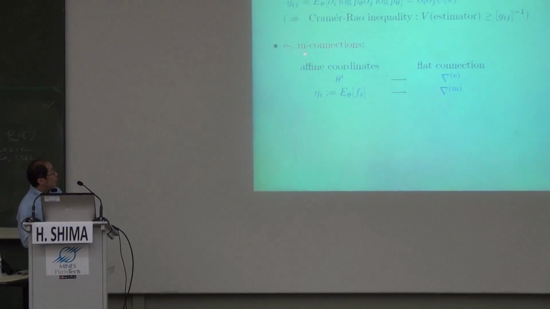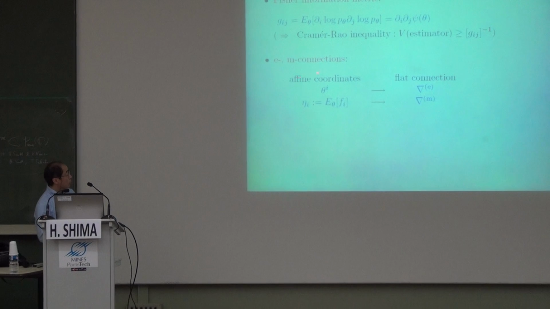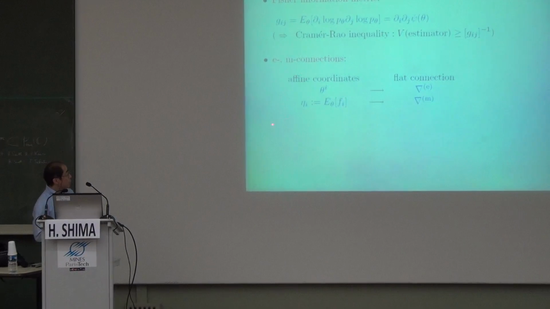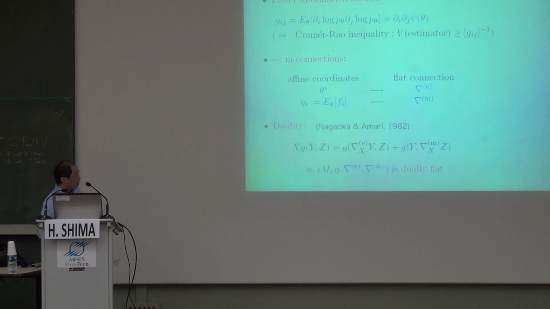We also have the e-connection and the m-connection, the pair of dual connections, for which theta^i is an affine coordinate system of the e-connection, while the expectation parameter eta defined like this forms an affine coordinate system of the other connection. It is now well known that the following duality holds, and as a consequence, the exponential family equipped with this information geometric structure is dually flat.